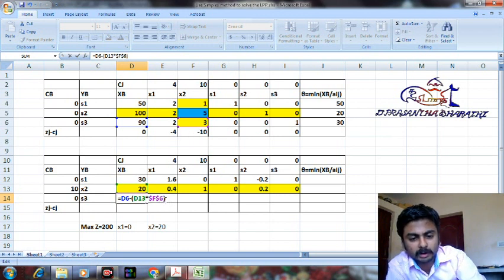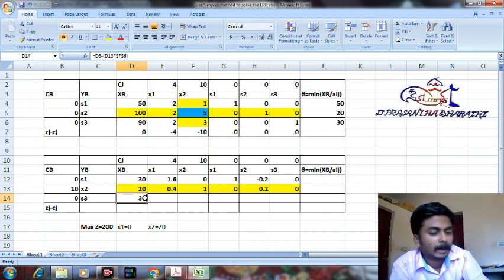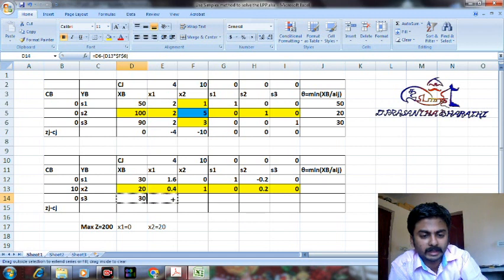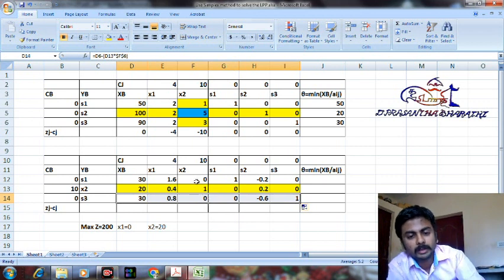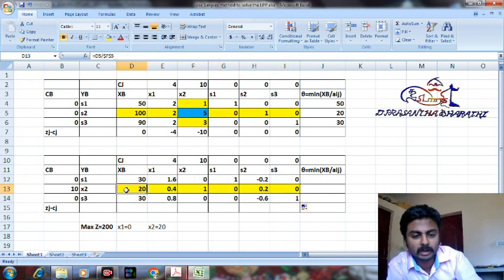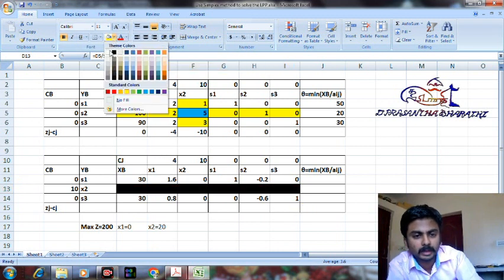That is why we are locking this variable. So here we have 30, and when I drag this, we will have some values. To ensure that we have proceeded the right way, we can check whether 0 is below the pivot element. Yes, the 0 is below the pivot element 1. So now our calculations are right.